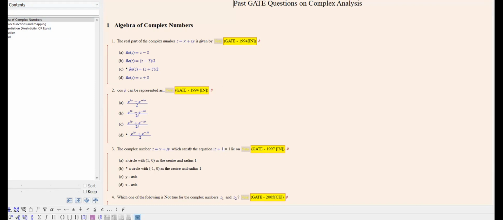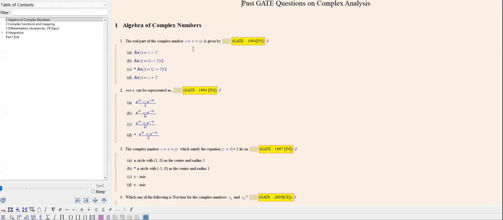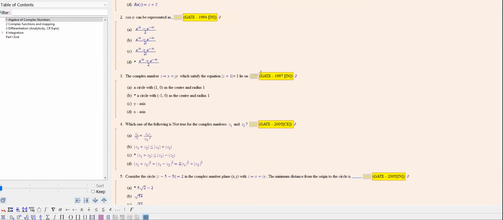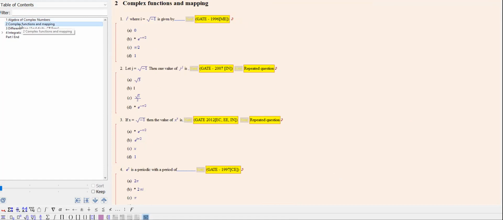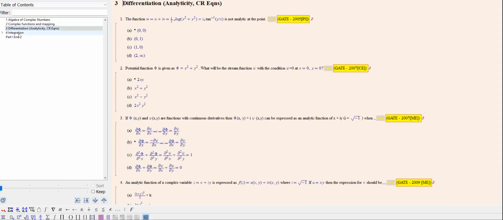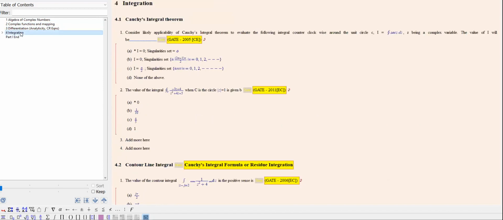Now, just to share with you, see, these are around 20 years of questions from complex analysis, which I've classified in different categories: basic algebra of complex numbers, complex functions and mapping, differentiation, integration.